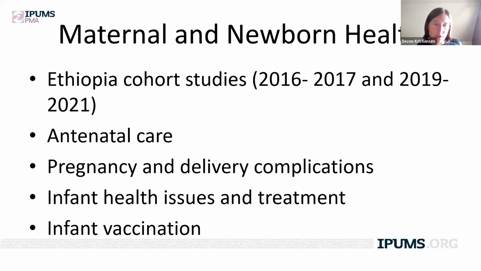So they'll ask a lot of questions about the antenatal care the woman received during the pregnancy, and also the experience of delivery and any complications that happened during the pregnancy or delivery, as well as following up on whether the infant had any health issues, whether those issues were treated, and whether the infant was vaccinated and when.